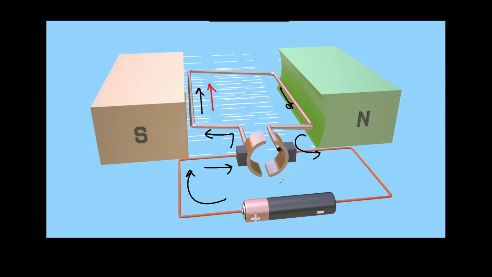Is that so? If we were standing at this point, and the direction of the current, no matter whether it was the left coil or the right coil, wherever they were, whenever this conductor comes closer to the north pole, it is experiencing a direction of current that is downwards.